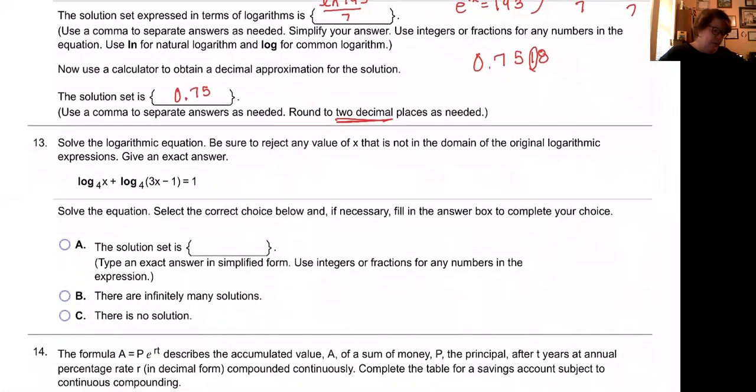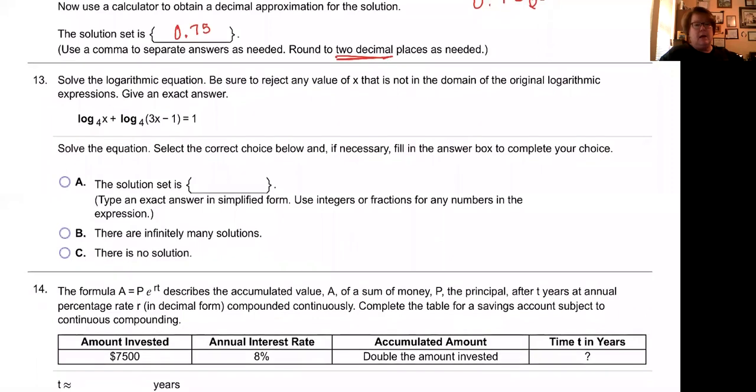All right, problem 13 is solving a logarithmic equation, but in this case I have 2 logarithms, and to be able to solve a logarithmic equation I have to have it written in terms of a single log on one side of the equation and a constant on the other.